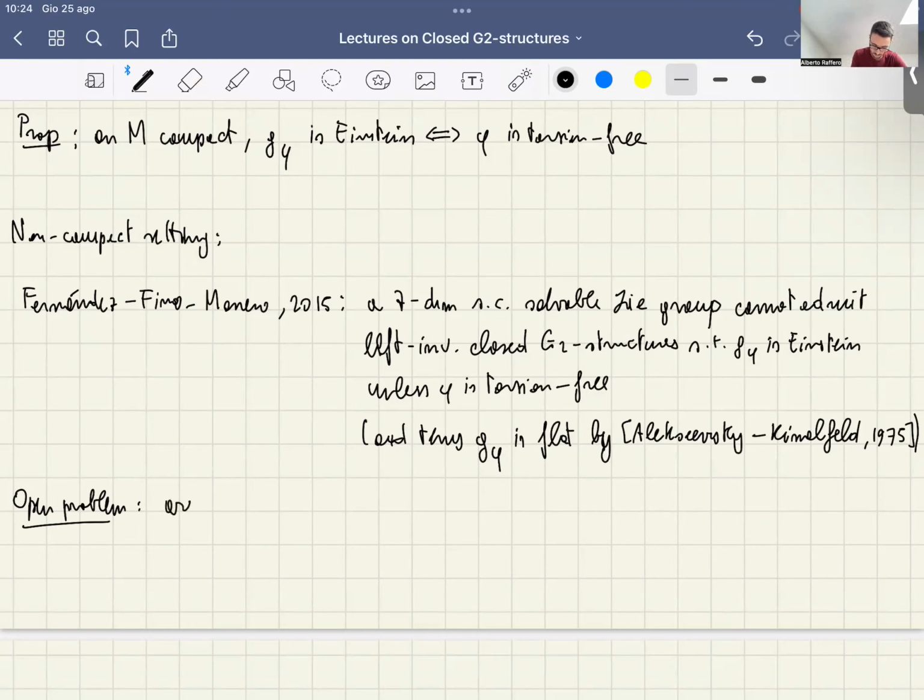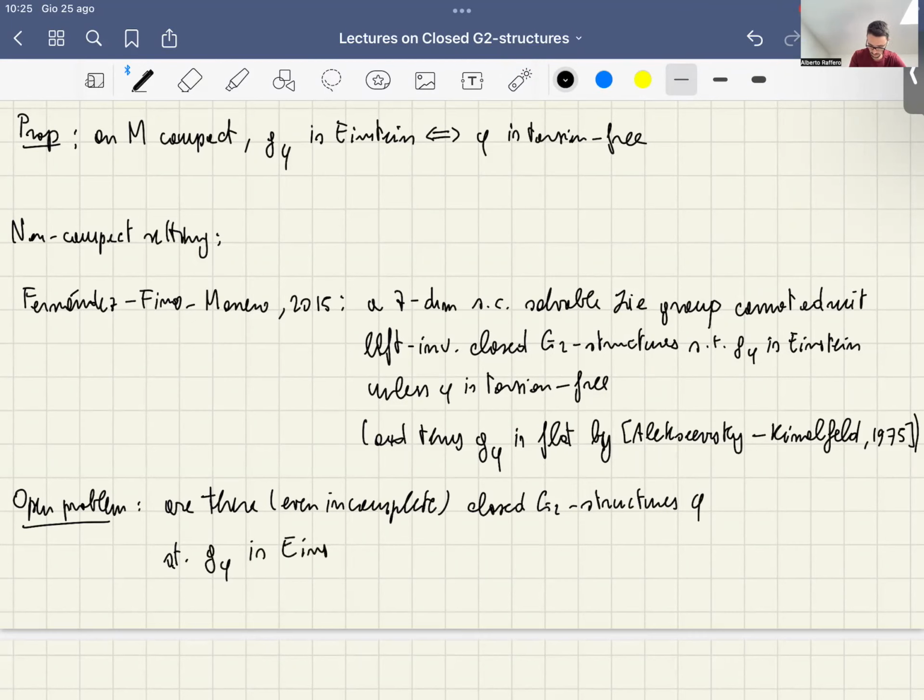We do not know whether there exist even incomplete closed G2 structures such that the induced metric is Einstein and non-Ricci flat. This is an open problem so far.